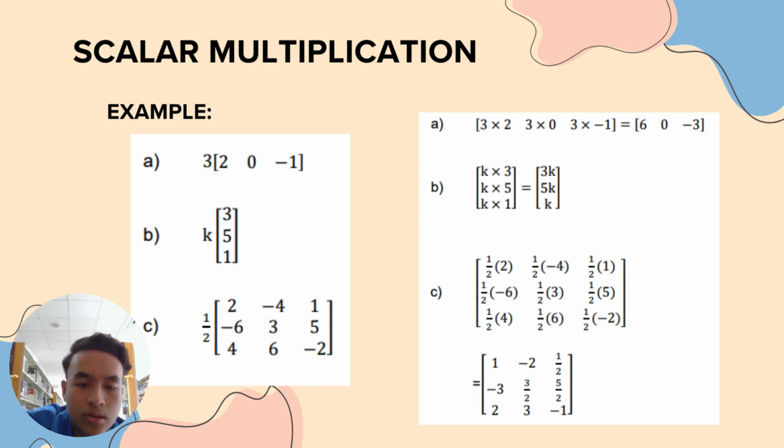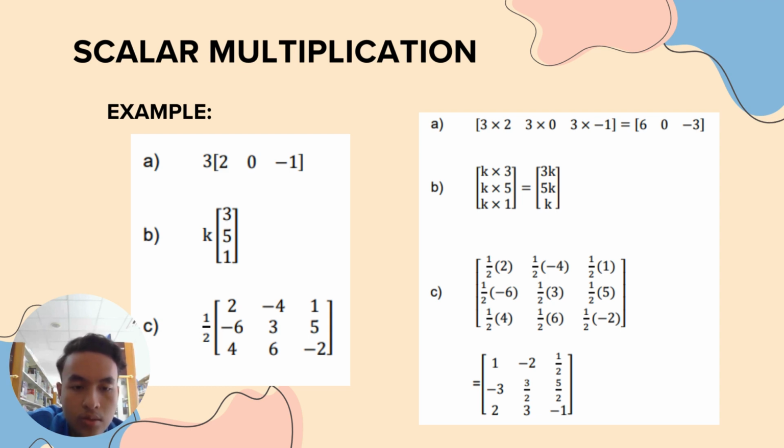-6 equals -3. 1 over 2 multiplied by 3 equals 3 over 2. 1 over 2 multiplied with 5 equals 5 over 2. 1 over 2 multiplied with 4 equals 2. 1 over 2 multiplied by 6 equals 3.